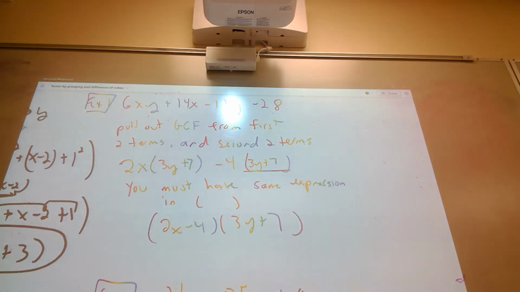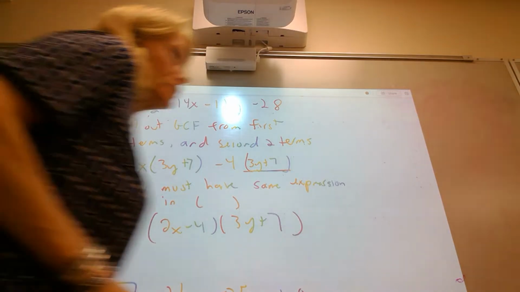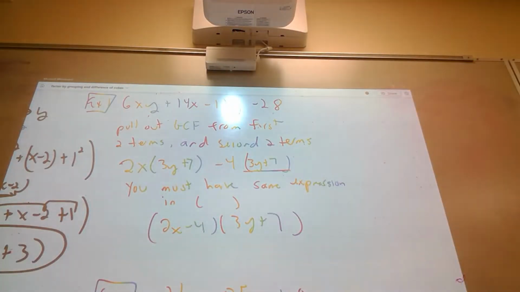So you look at the first 2 terms, 21xy and 35y. Look at what factor they have in common. X, Y, and Y, what do they have in common? Then you look at 18x and 30. What do they have in common?